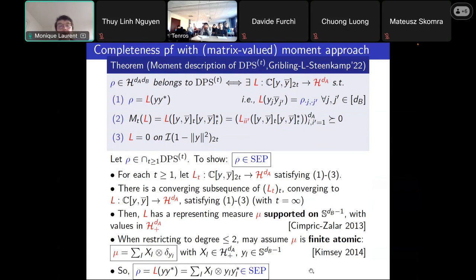Over time, this is my last sentence: the only thing I want to mention is that this is exactly the same pattern as the usual proof in the scalar case, but now with linear functionals which take their values in matrices instead of scalars. And this shows the completeness of the separable hierarchy.